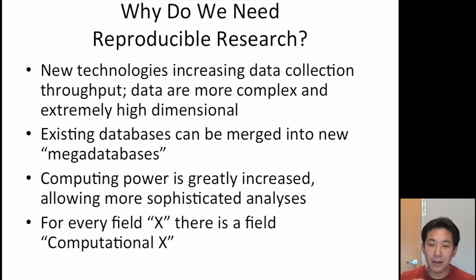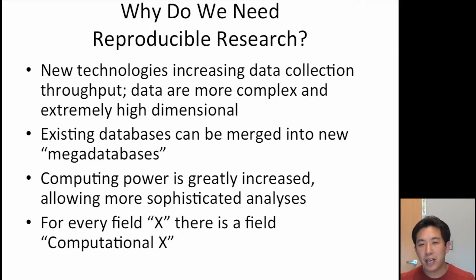And in addition to allowing us to create new data sets, computing power allows us to do more sophisticated analyses. So the analyses themselves, the models that we fit, and the algorithms that we run are much, much more complicated than they used to be. And so having a basic understanding of these algorithms is difficult, even for a sophisticated person.